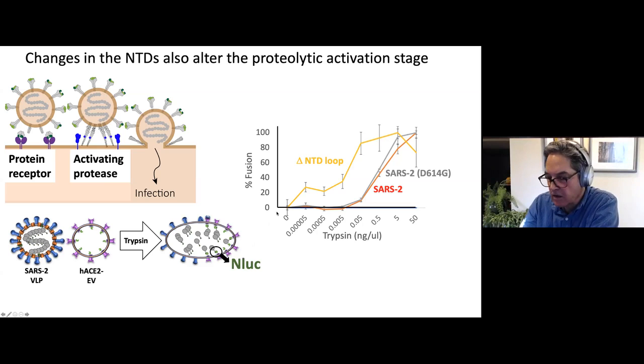And at the right is an interesting finding that Enya obtained. The delta NTD loop viruses, as VLPs, are sort of hair-triggered for membrane fusion.